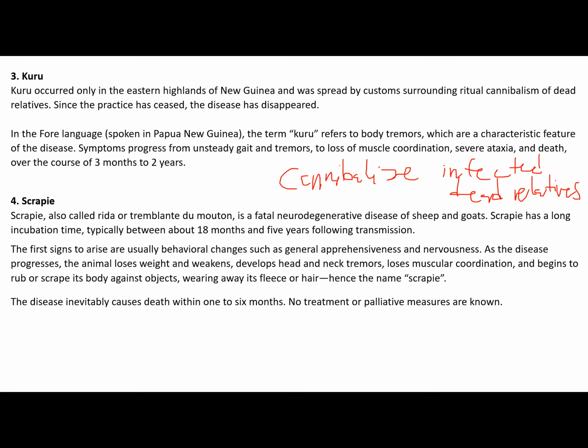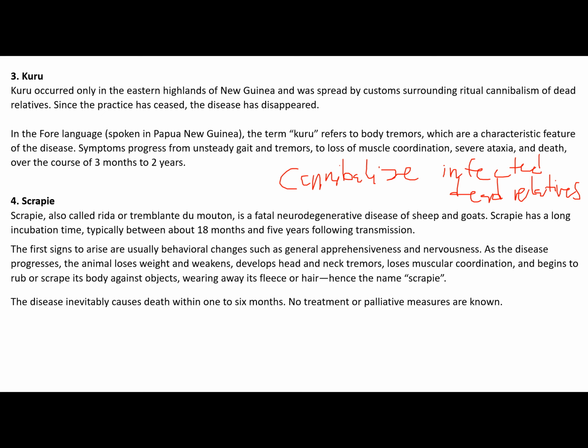Then we have your scrapie, class. Now, scrapie, also called rida or tremblante du mouton, is a fatal neurodegenerative disease of sheep and goats. Scrapie has a long incubation period, typically about 18 months to 5 years following transmission.